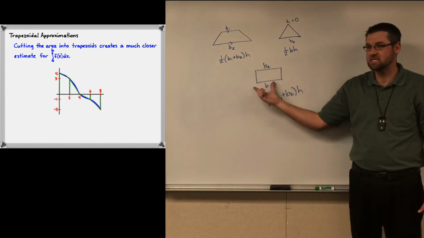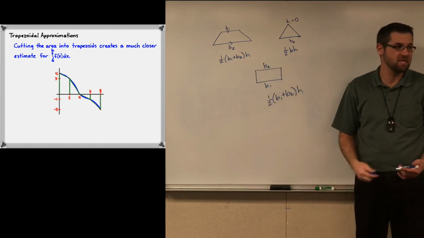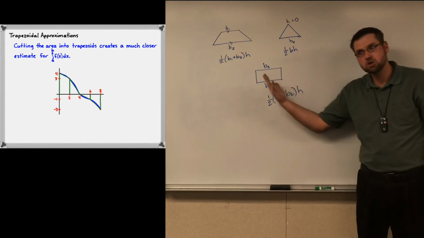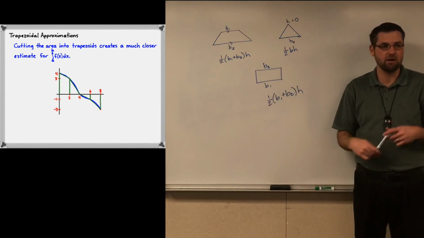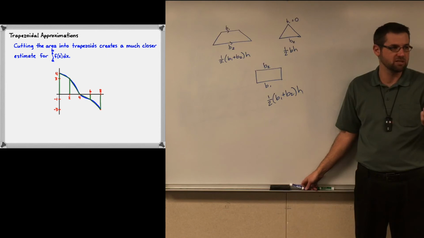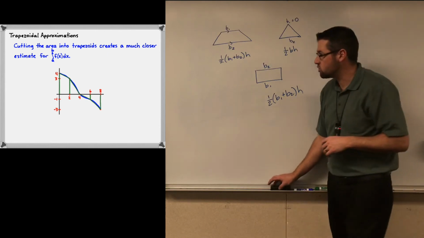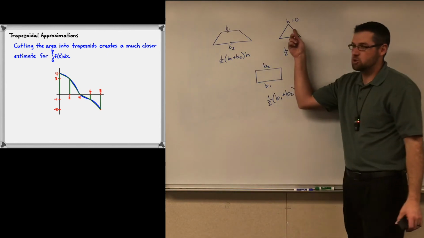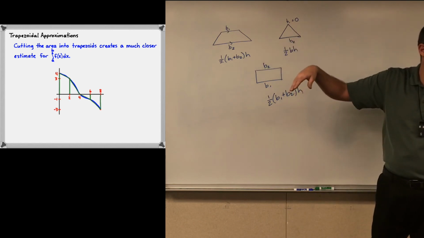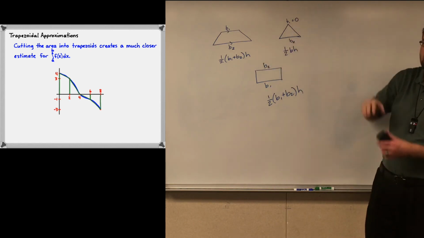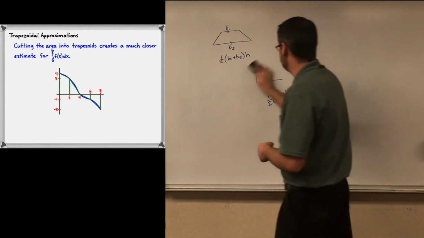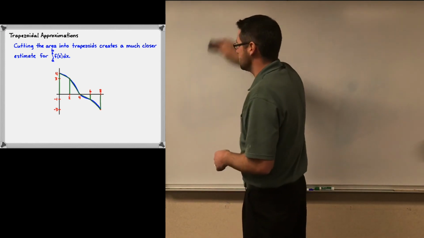What's the average of the bases if it's a rectangle? It's the same thing. So you could use the trapezoidal formula to find any area pretty much. It's just, why would you? Because it's just more work. Okay? So don't stress out. If you're looking at a triangle, we're going to apply the trapezoidal formula. In this case, it's just one of the bases is 0. Okay? So let's take a look at this and evaluate this.